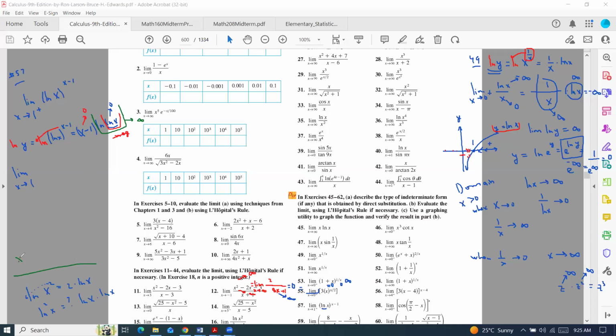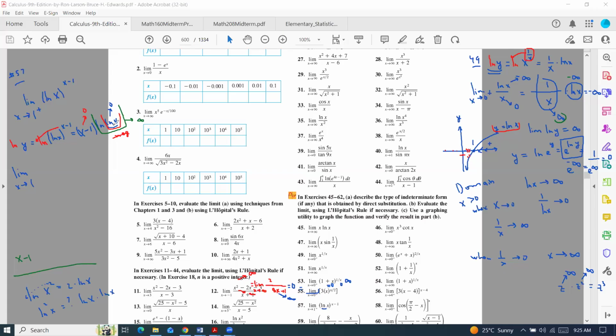I think that now I will be trying to use derivative, because in the previous exercise, we ended up with infinity times infinity. Remember, one was positive infinity, the other was negative infinity. 1 over x was positive and that ln was negative, so I had to multiply and ended up with negative infinity. So I didn't really have to do L'Hopital's rule. But now I ended up with a 0 times infinity.